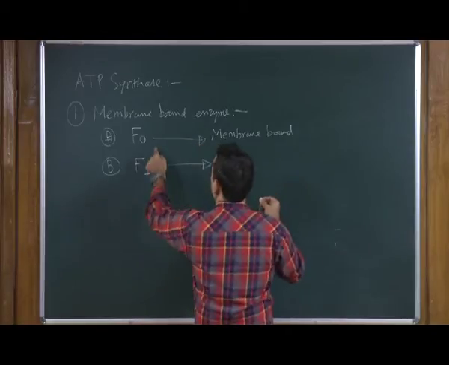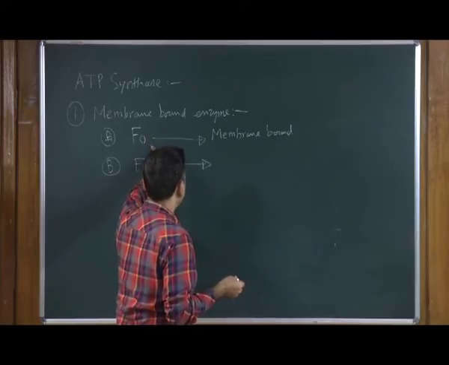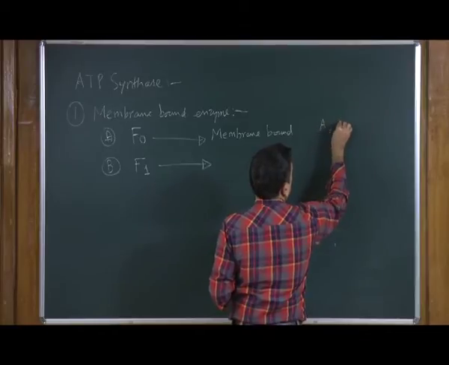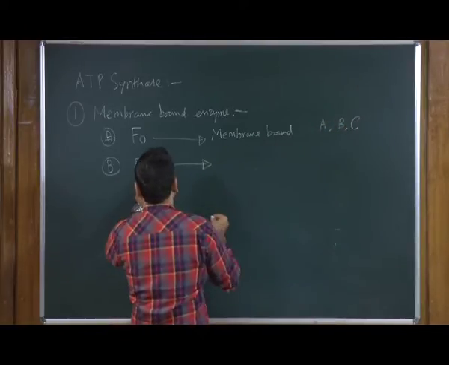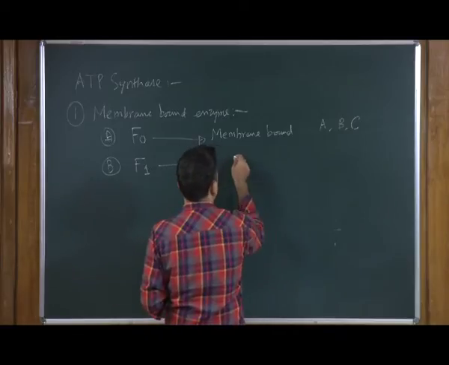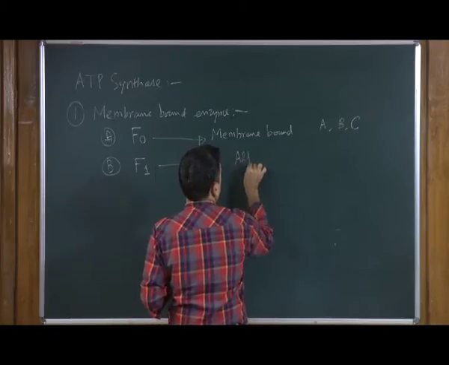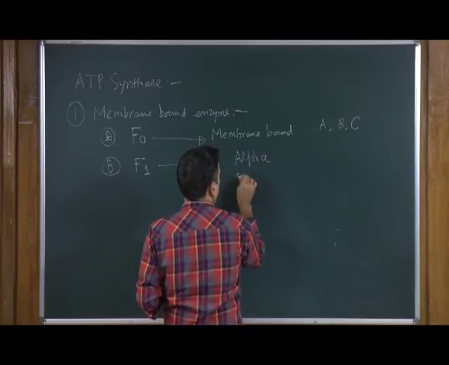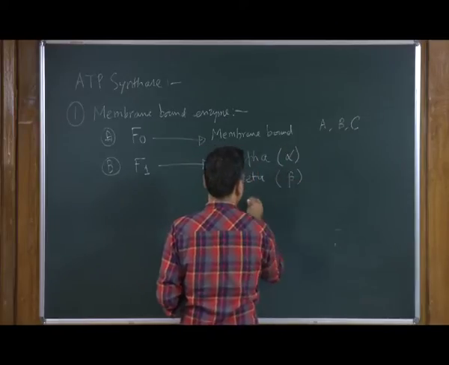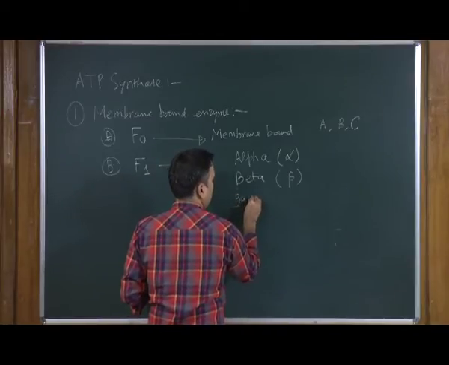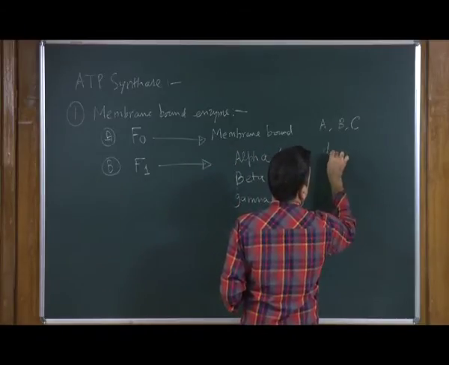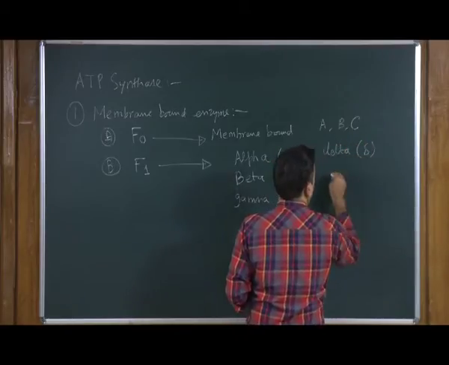So, the FO subunit is made up of three different proteins known as A, B and C, whereas the F1 subunit is made up of different types of proteins, and these proteins are called alpha, beta, gamma, delta and epsilon.